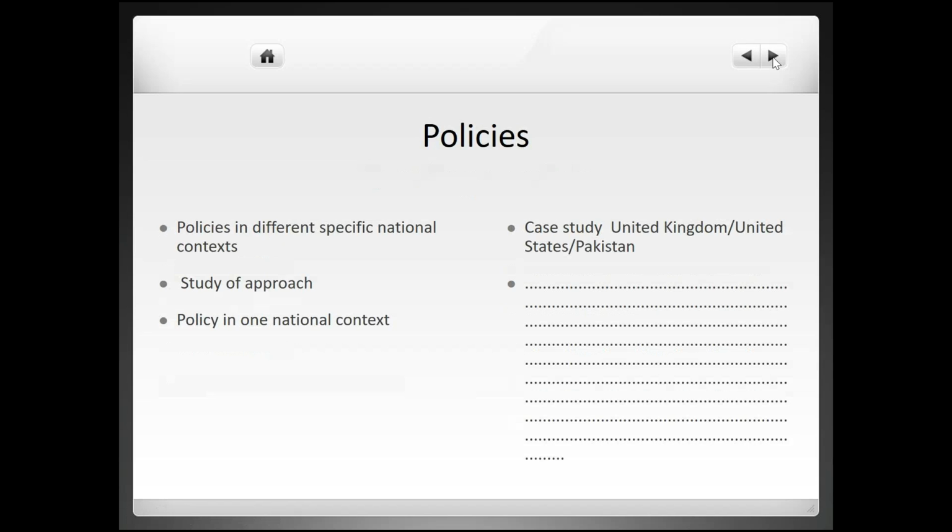I put on this slide policies in different specific national contexts. I would like to look at the United Kingdom, the United States, and Pakistan as classic examples.